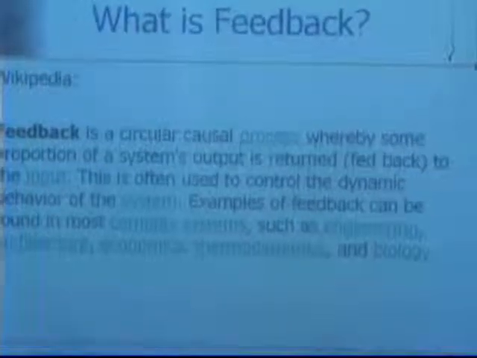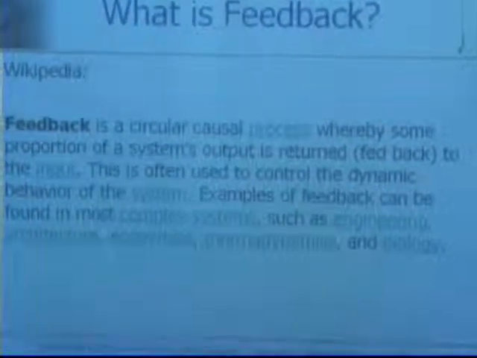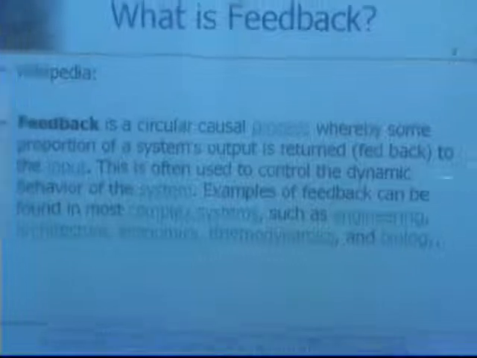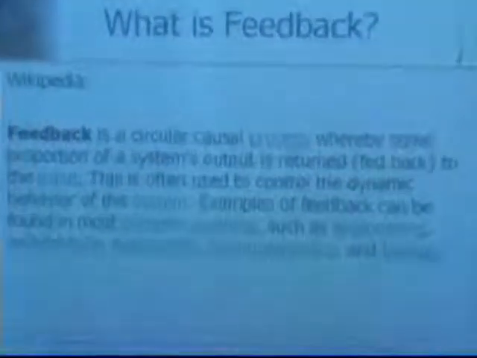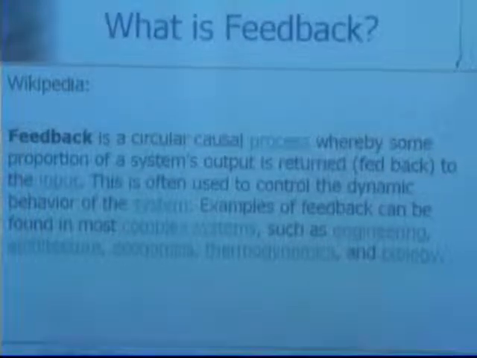In Wikipedia terms, which has now sort of become the de facto standard for defining anything, it's this circular causal process whereby some part of a system's output, and systems here would be those little blocks, the rectangles, is returned or fed back to the input. The feeding is the arrows. And those could be different things.